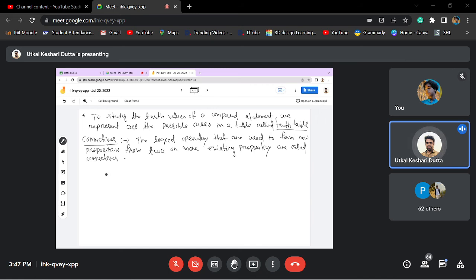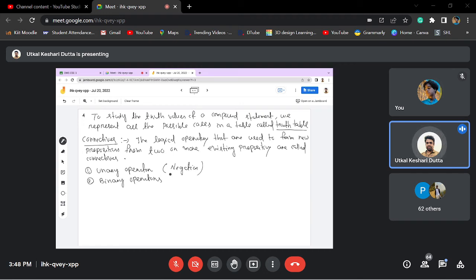There are two types of logical operators. One is the unary operator, and another one is the binary operator, or unary connectives and binary connectives. In the case of unary operators, there is only one, called negation.